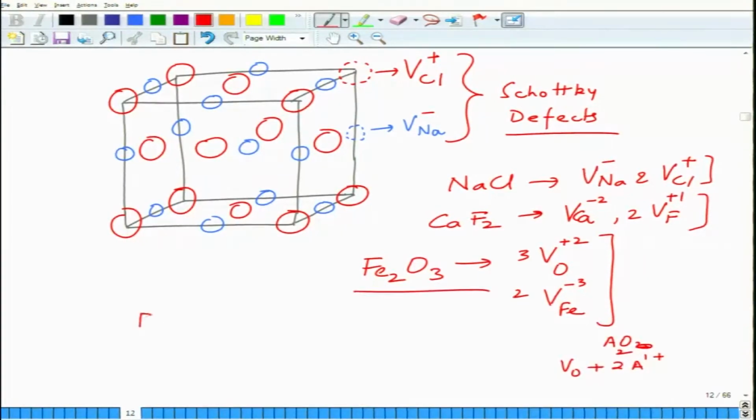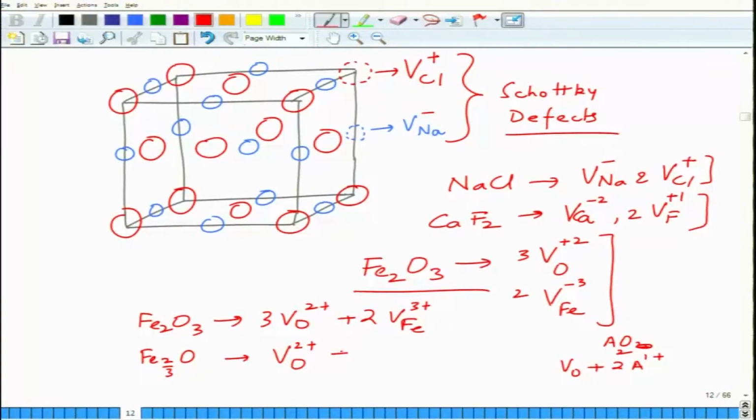So, you have Fe2O3, which is analogous to saying you have 3 VO 2 plus and 2 VFe 3 minus, or you can say Fe 2 by 3 O. So, this becomes VO 2 plus and 2 by 3 VFe 3 minus.